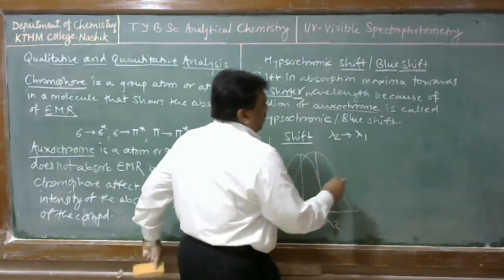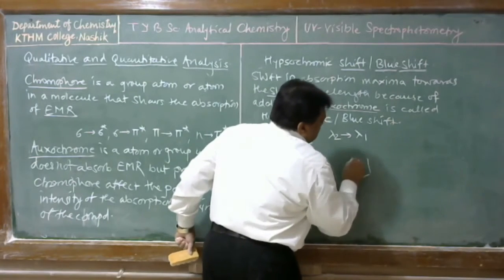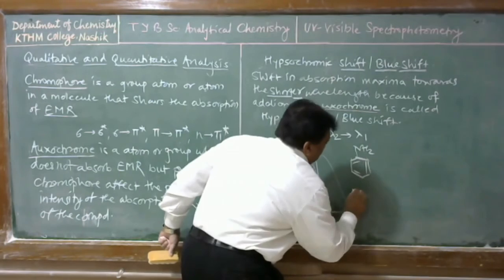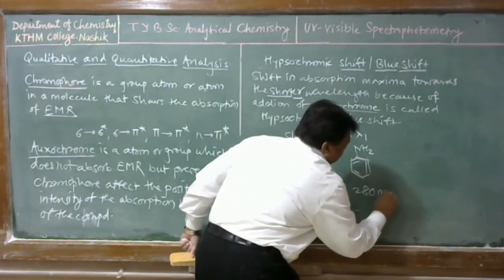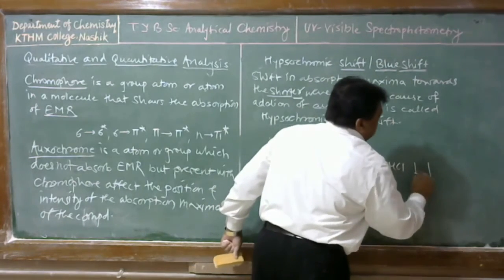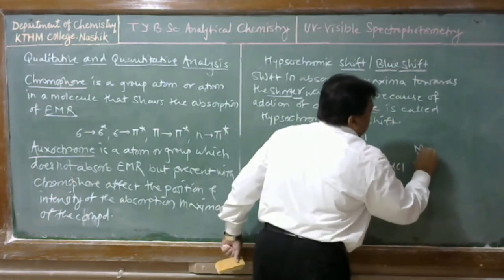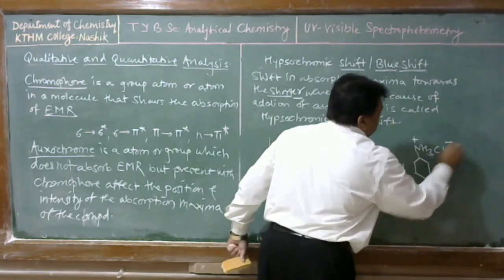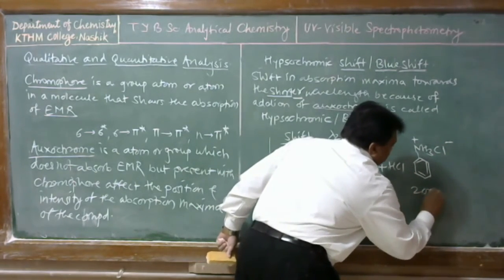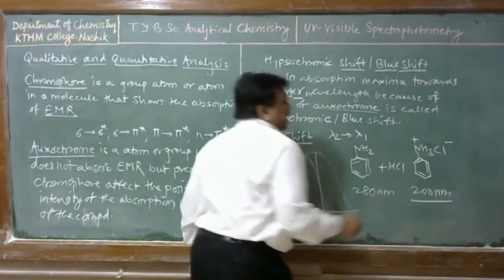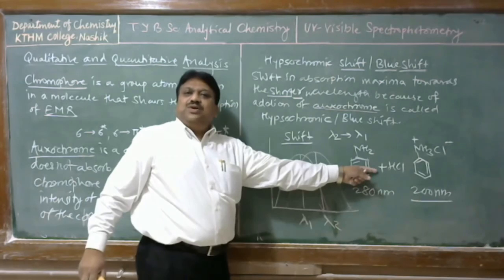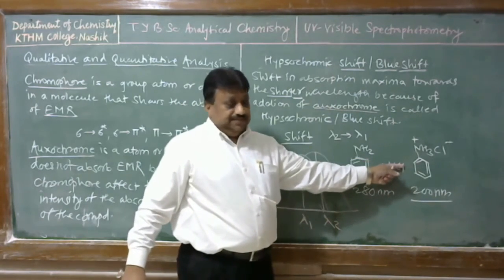For example, we know that aniline absorbs at 285 nanometer. When HCl is added into aniline, it gives aniline hydrochloride, that is NH3 plus Cl minus, and this will be absorbed at 200 nanometer. Therefore this blue shift is because of the addition of hydrochloric acid.